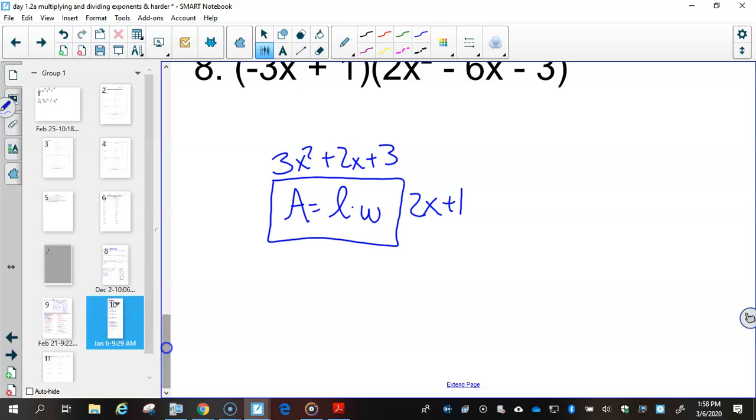So if we're doing length times width of a rectangle, you're taking this and multiplying it to this. So in this case, if you have area, you're multiplying those two together. Simplify it, get your answer.